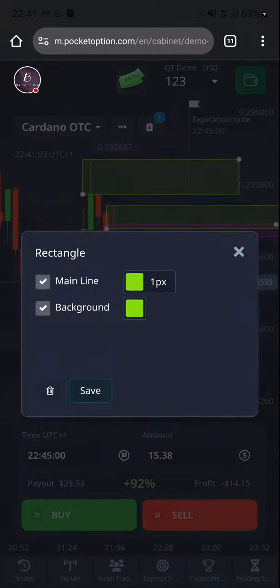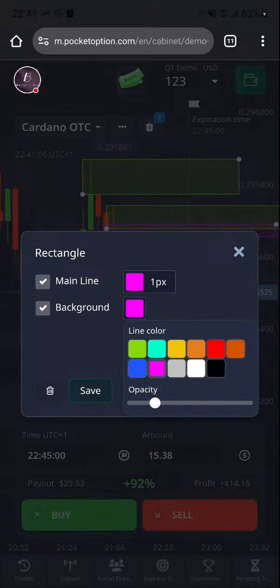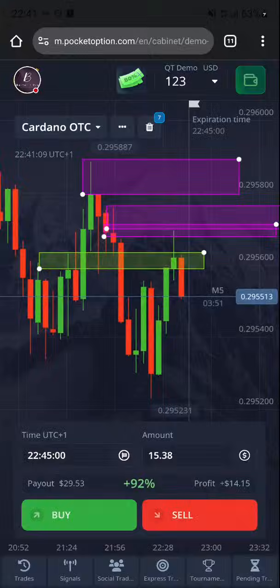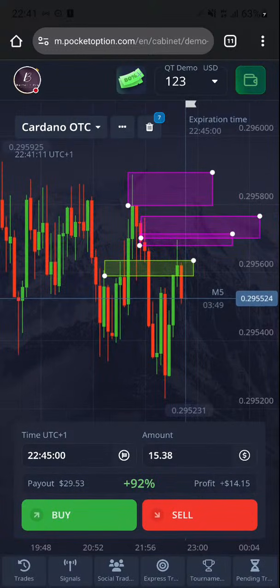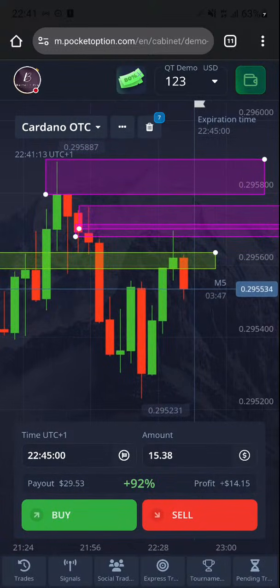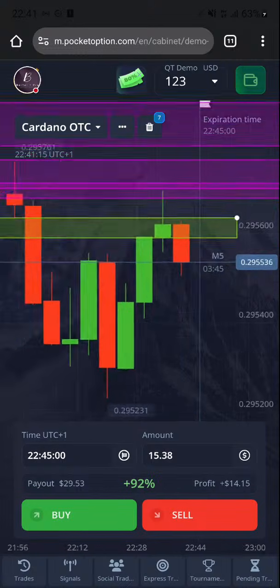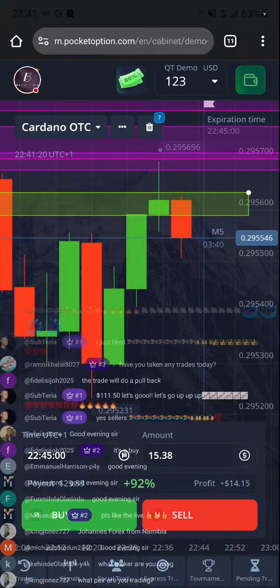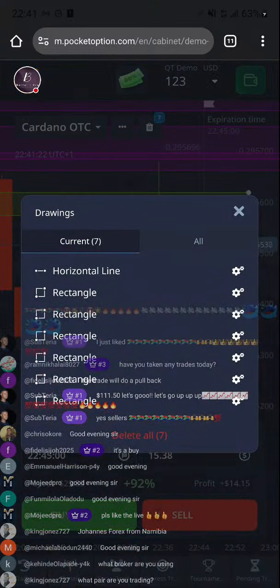So let me mark all the areas that we need to mark for this trade. This trade is really paying me because we waited for it. I was just waiting for it to enter into this overlapping level. What pair are you trading?